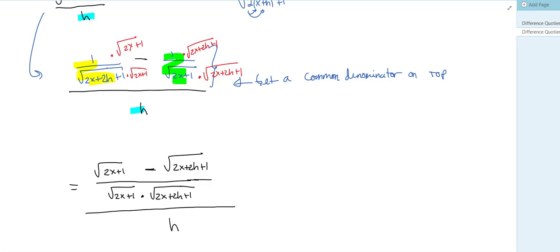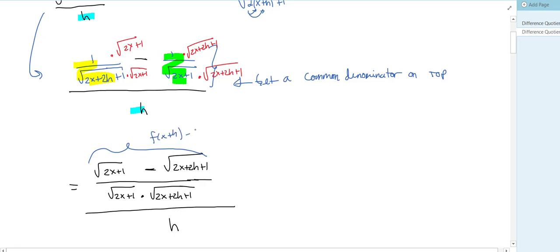Just remember, this whole big fraction here is still our f of x plus h minus f of x. All right, so now, if this looks too crazy, too ugly, we can rewrite it. So I'm going to have the square root of 2x plus 1 minus the square root of 2x plus 2h plus 1 over my denominator.